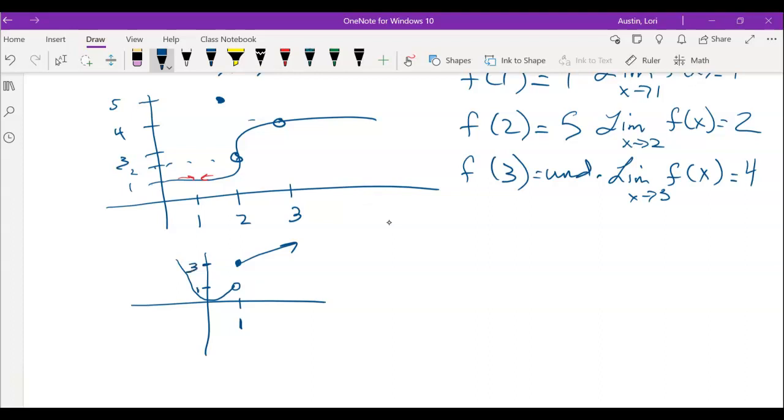Okay? Do you remember this function? It was x squared when x was less than 1, and I think I did x plus 2, which, yes, makes sense for what I just wrote, when x is greater than or equal to 1.